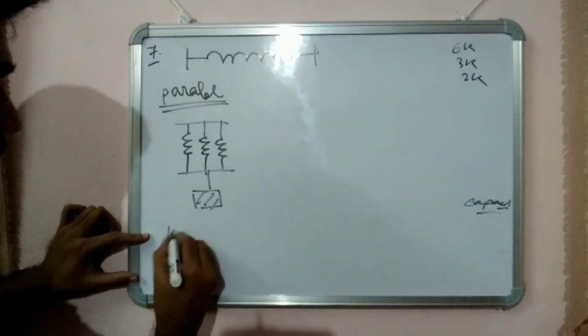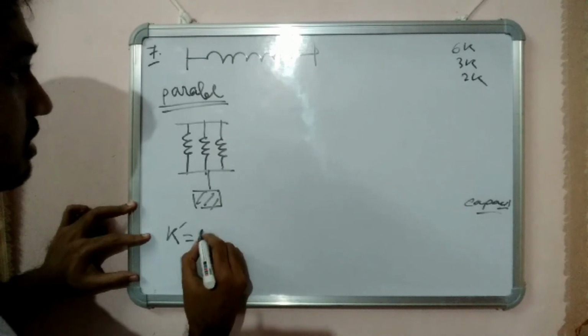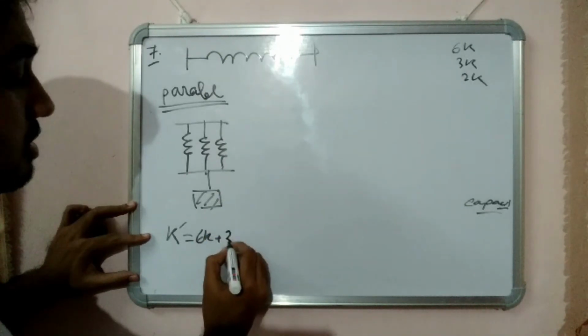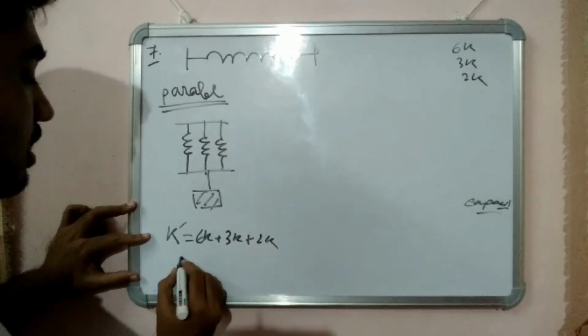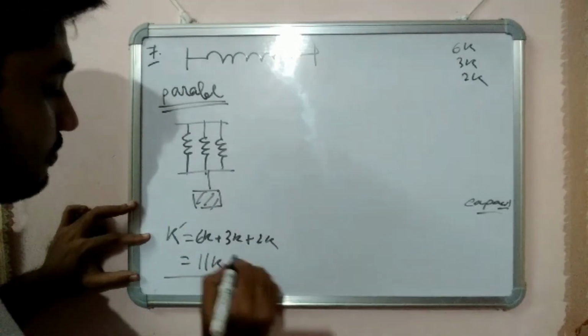So the spring constant k prime will be 6k plus 3k plus 2k, and this is 11k.